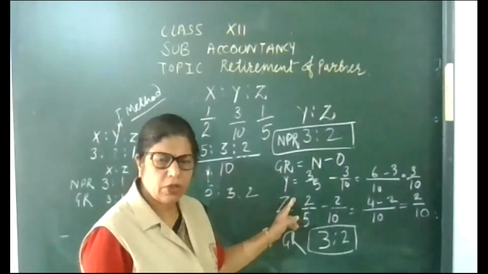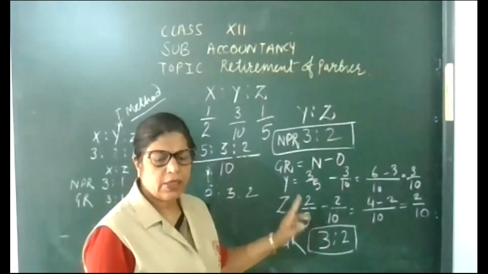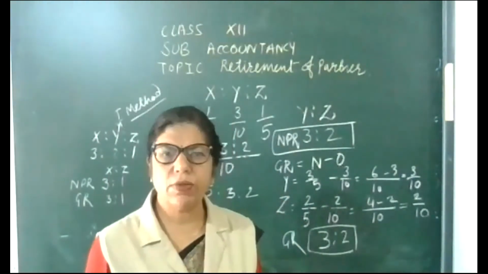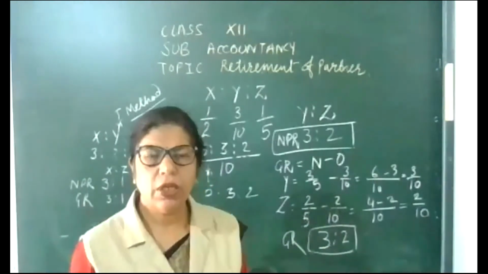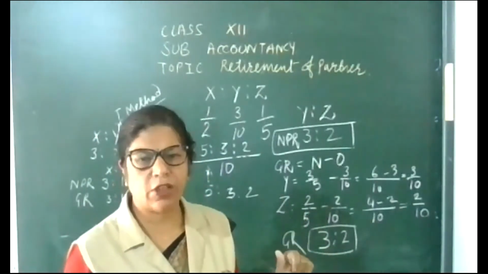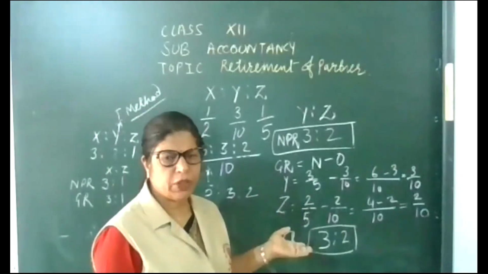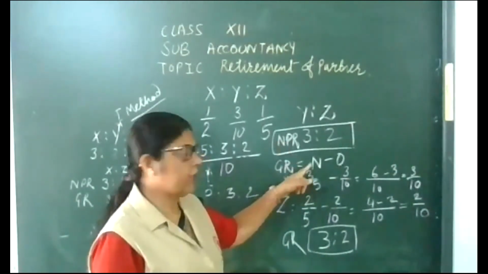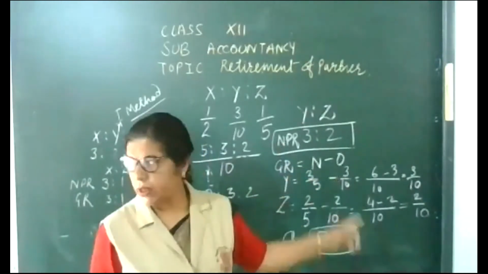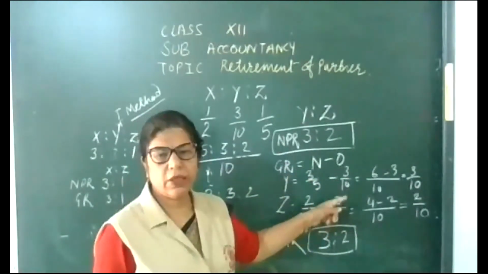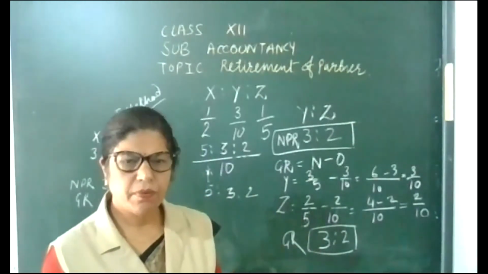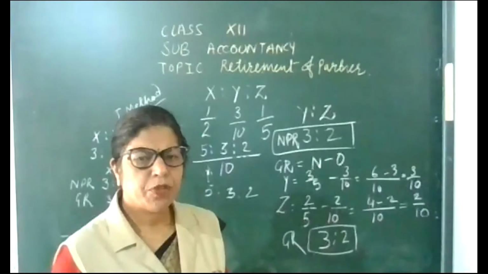Now how to calculate the gaining ratio? See, there is no need to calculate the gaining ratio when this question comes in MCQ. This is the method for saving time. But if the question is of more marks, you can calculate it this way: new minus old, that will be 3:2. Okay, got it?